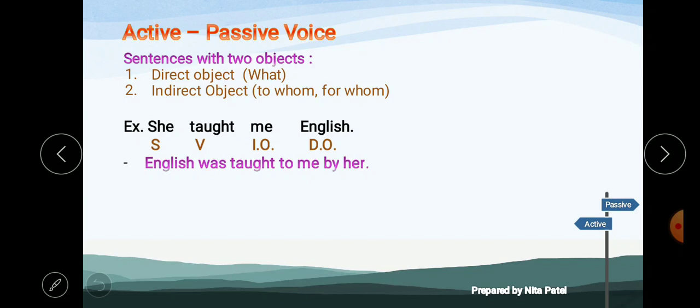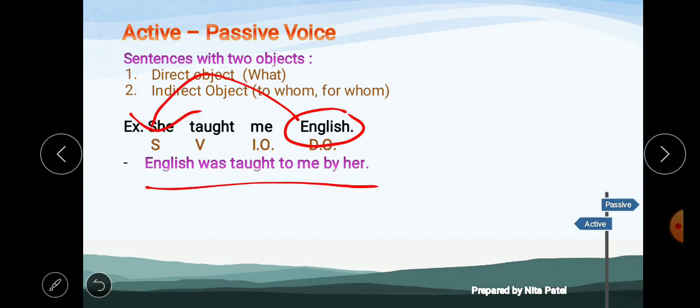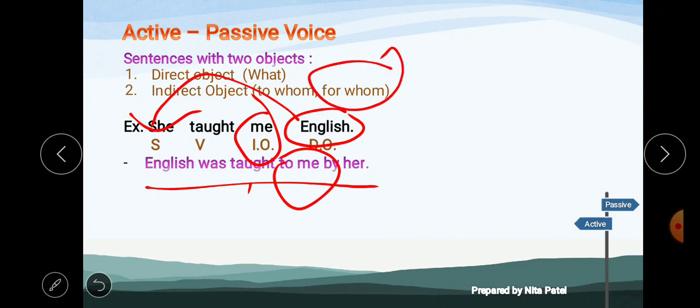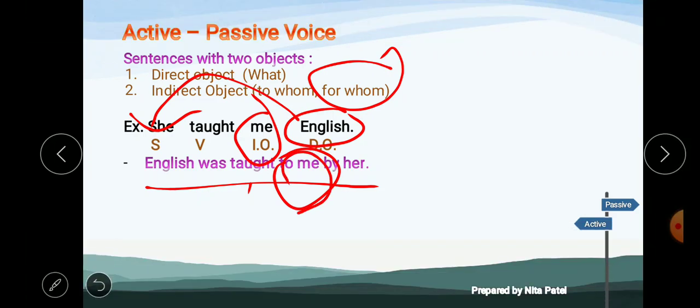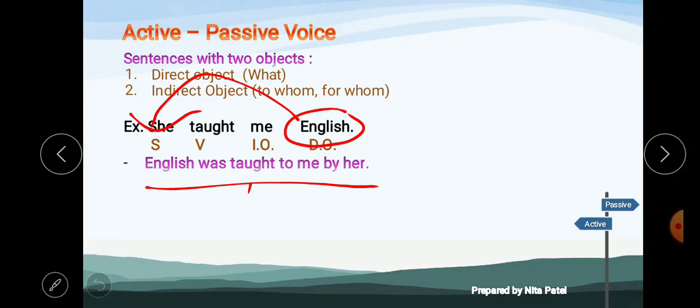Okay, now listen. If we have to put this direct object as our subject, then our answer could be like this: English was taught. Now here we have to write to whom or for whom. So this is our question. So English was taught to me. Here we have to add to.